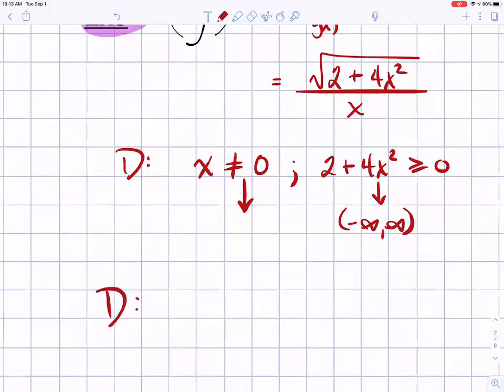I can have any number in the world I want to except for an x value of 0. Negative infinity to 0 symbol, parentheses, and then union. What else? 0 to infinity. So any number in the world I want, except for the number 0.